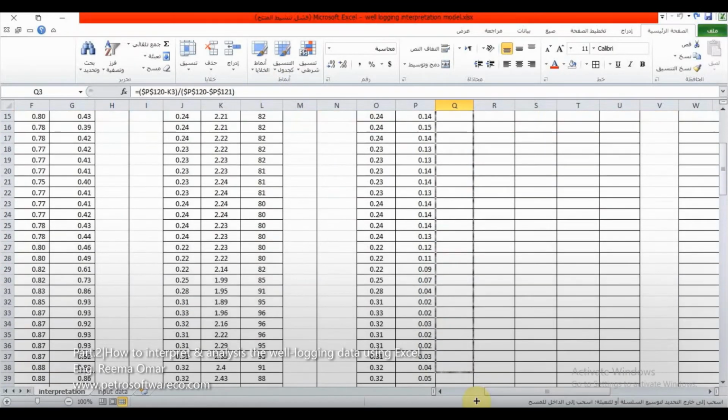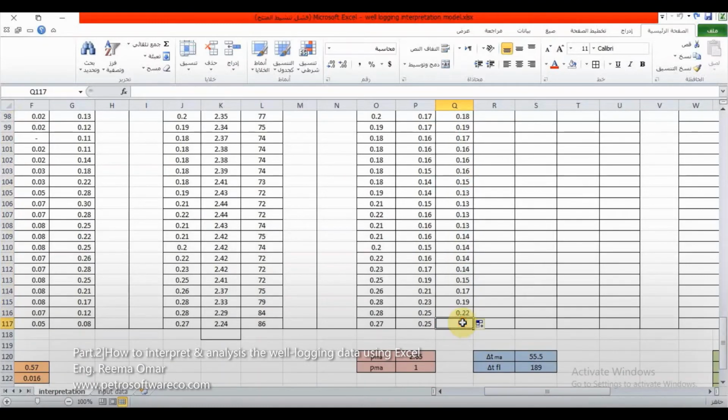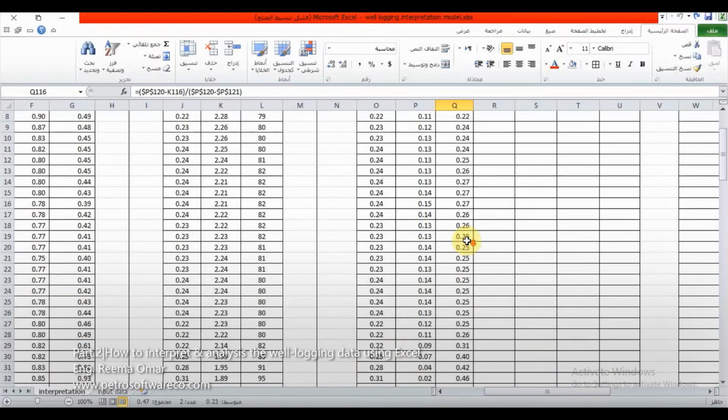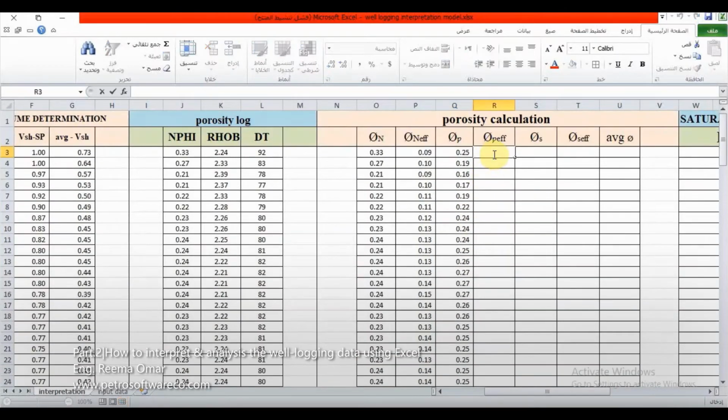And apply this equation foot by foot. Then calculate effective porosity equal to total porosity multiplied by 1 minus shale volume, average shale volume, as we said.